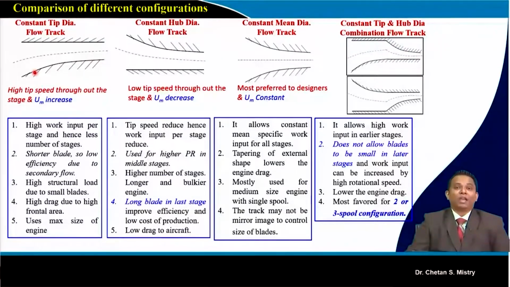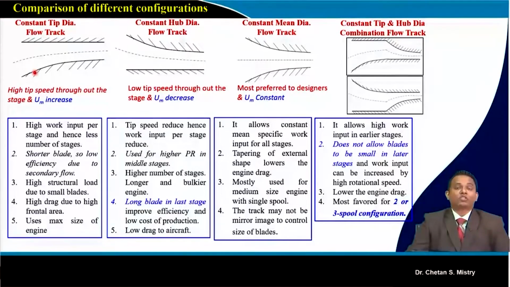But in the later stages, when we move to the rear side, my blade height is going to reduce. That will lead to an increase in secondary losses, and that will reduce the efficiency.